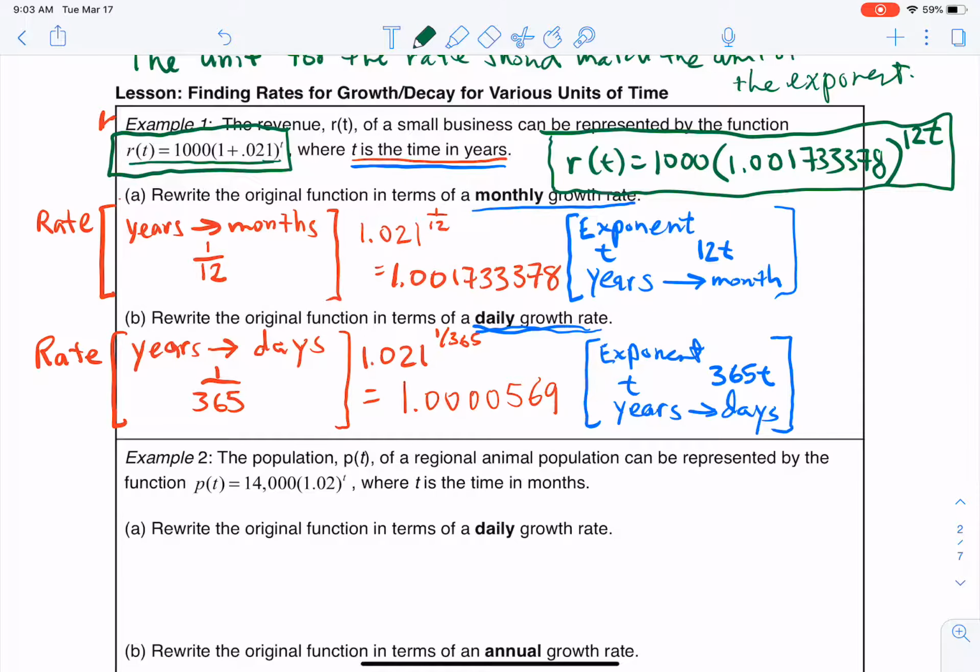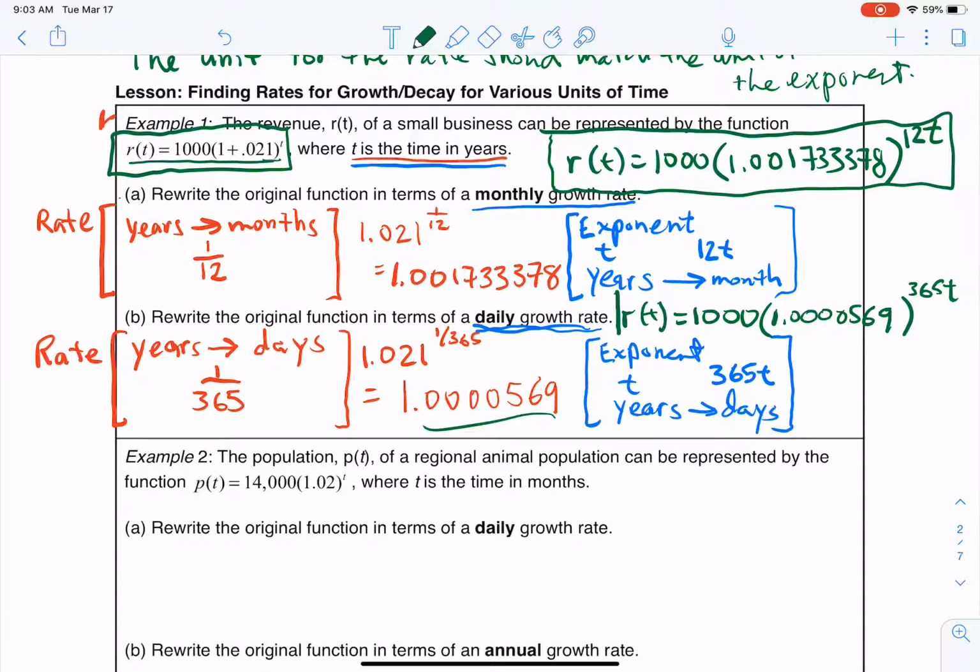All right, so my equation for part B is going to be R of t equals, and again, what I started with is 1,000. My daily rate is here, 1.0000569, and I'm raising that to the 365t power. All right, so that's for part B.